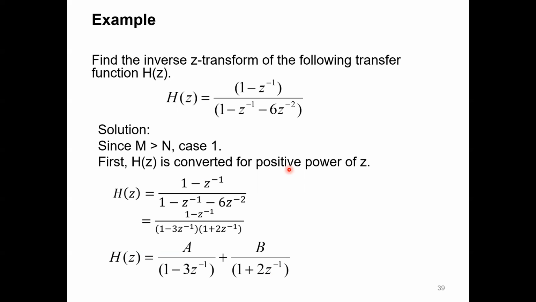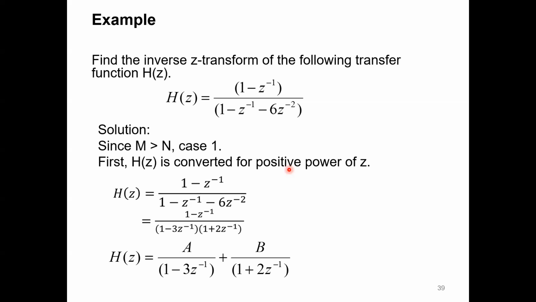H(z) is equal to (1 minus z^-1) over (1 minus z^-1 minus 6z^-2), right? So nobody knows what it is, okay? So we have to bring this back to the time domain, right? We know it's a sample sequence. So what is the first sample, second, third, and so on, right?